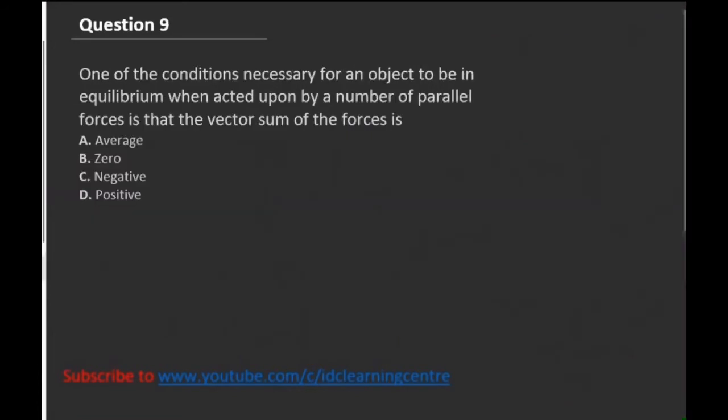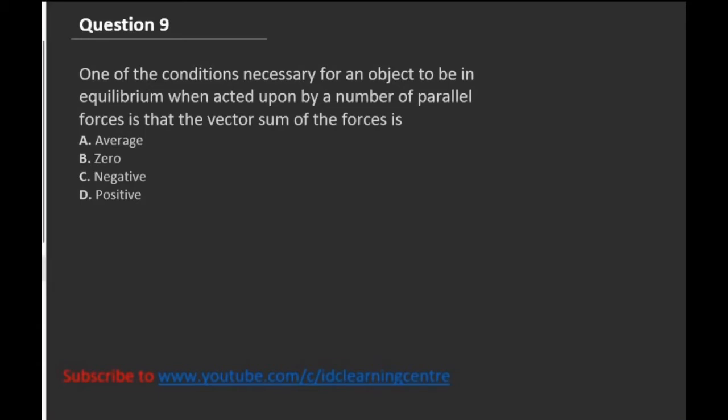Question 9. One of the conditions necessary for an object to be in equilibrium when acted upon by a number of parallel forces is that the vector sum of the forces is A, average, B, 0, C, negative, D, positive.